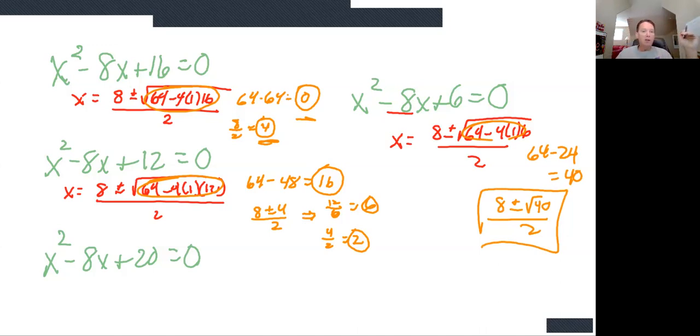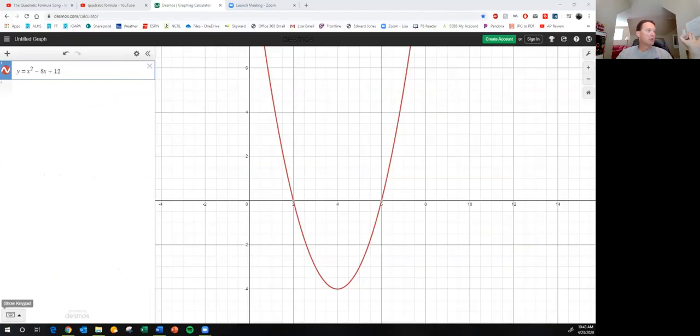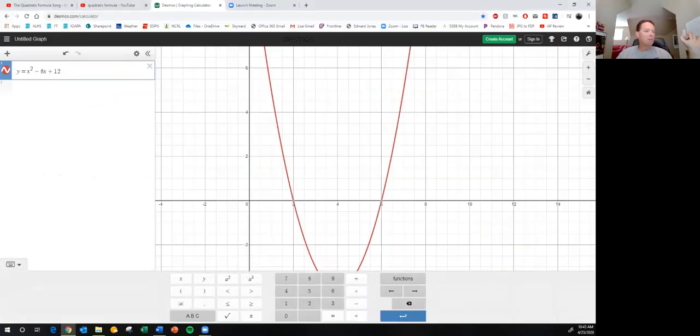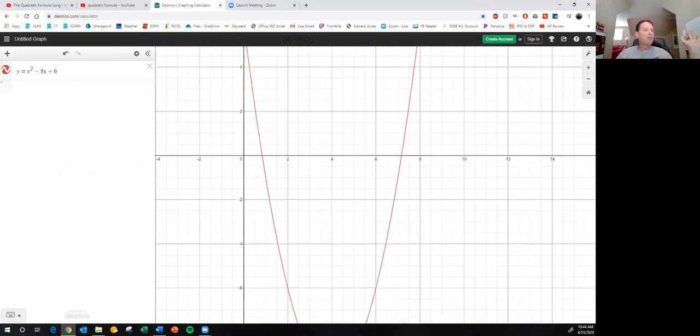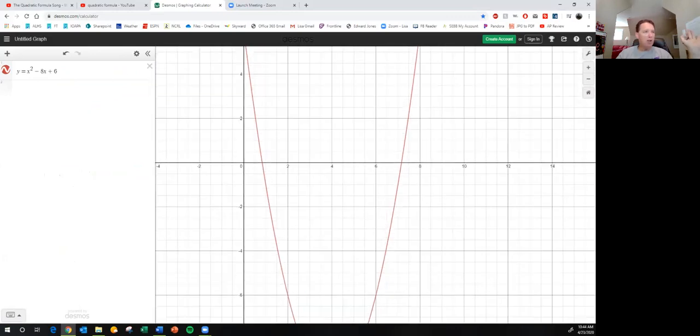But what does it look like on a graph? Watch this. 2 answers. They're just not pretty answers, so to speak. So let me change the 12 to 6. And so once again, what you see here is there's two places where the graph crosses, but that's not a very pretty spot.